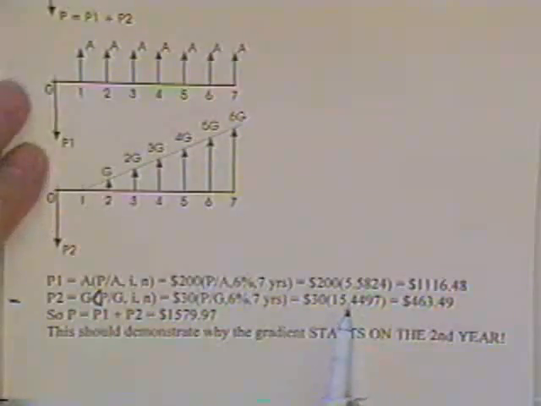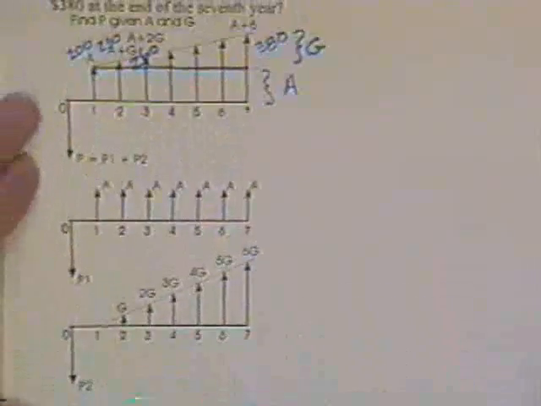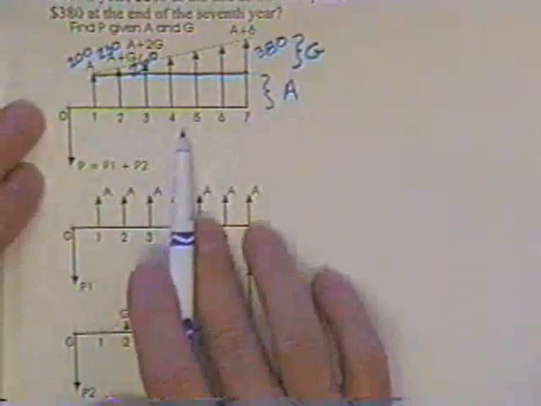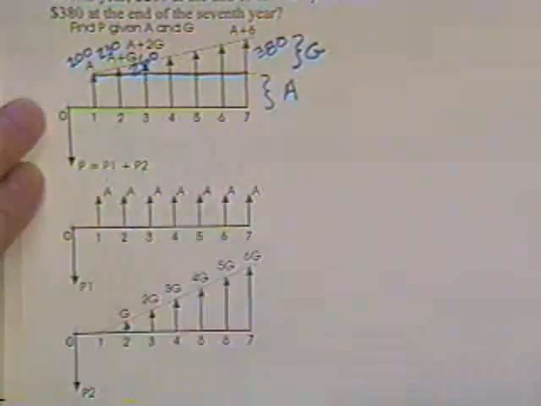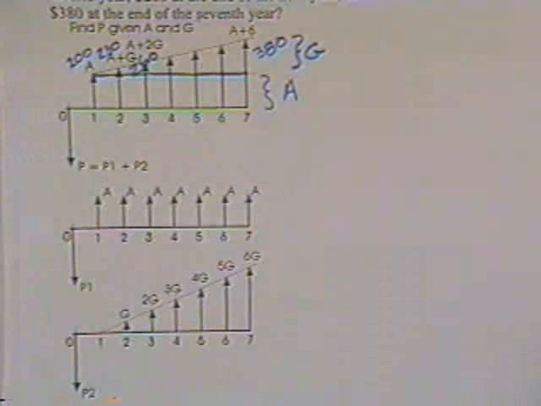To change a gradient into a present value is 15.4497, and you simply add them up. And that also should demonstrate why the gradient starts on the second year, because that really makes this kind of operation easy without moving that gradient around someplace else.